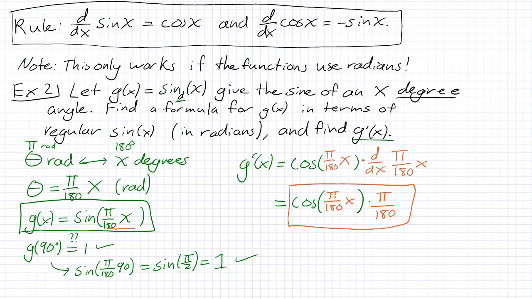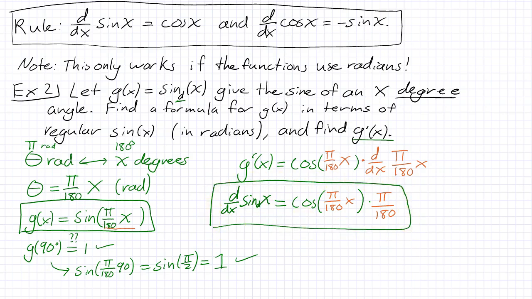So in other words, the derivative with respect to x of this sine sub d of x is this totally other thing here. It's not just regular old cosine of x. You could write this actually as this function here, which is known as the regular old degree cosine.